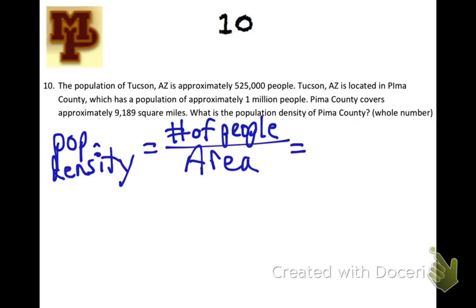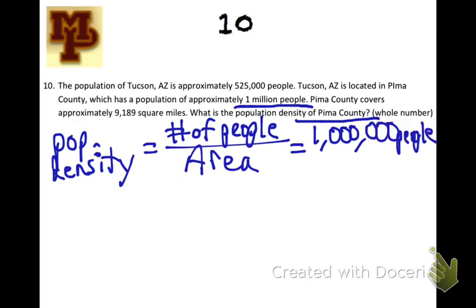We're trying to figure out the population density of Pima County. So we need the number of people in Pima County. Pima County says that there are 1 million people there. We have some extra information about the population of Tucson, which is not helpful. So 1 million people, divided by the square miles, that's the area.